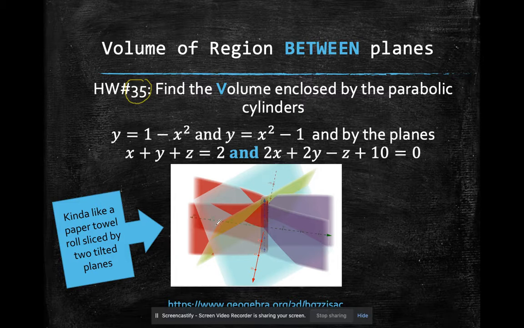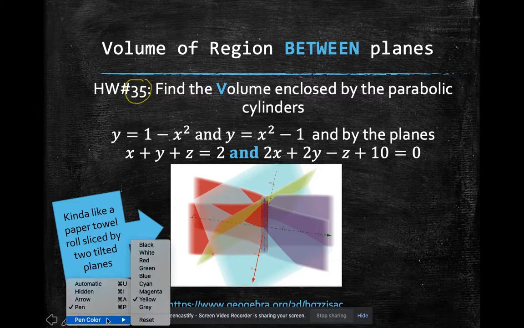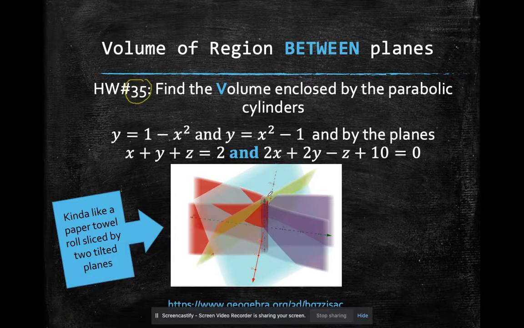So these two parabolas create this cylinder thingy in here that looks almost, like I said, like a paper towel roll. But the paper towel roll has these tilted planes, right? Slicing right through it.